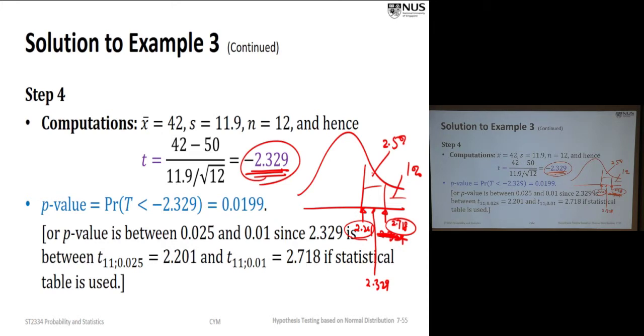We don't know, but we know it's between 1% and 2.5%. That means it's bigger than 1%, but less than 2.5%. So if you use 1% as a reference, although I don't know the exact value, it's bigger than 1%. So my conclusion is that I do not reject the null hypothesis. All right? So it's not too difficult if you understand the process.